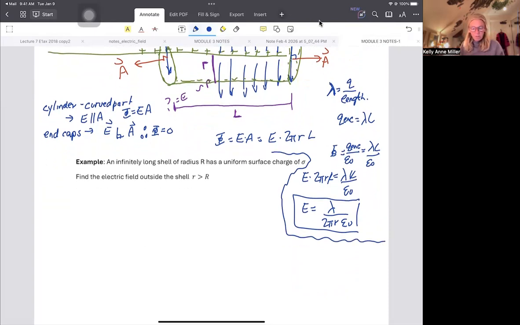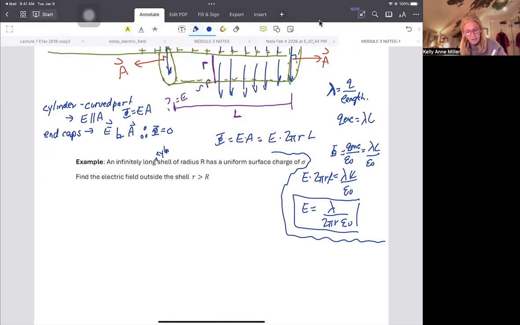So we've got an infinitely long shell of radius r, and it has a uniform surface charge of sigma. Find the electric field outside the shell. I think to make this clearer, it would have to say cylindrical shell, right?